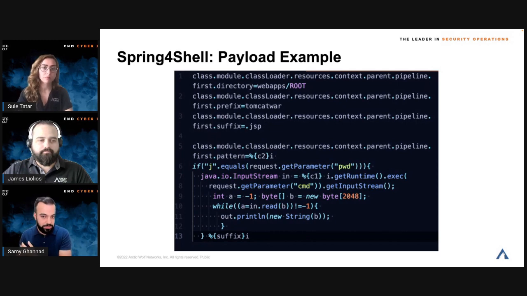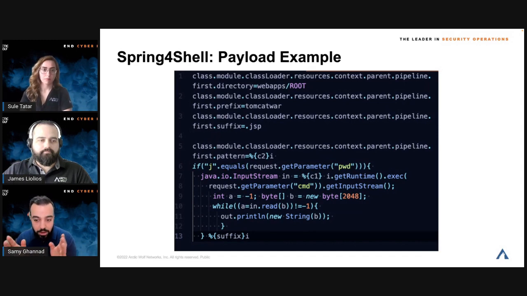That's why Tomcat was a necessary part for this POC, to write a file in webapps/ROOT. The file name is tomcatwar and the extension is .jsp. So it writes a file in webapps/ROOT, tomcatwar.jsp, which can easily be changed, right?